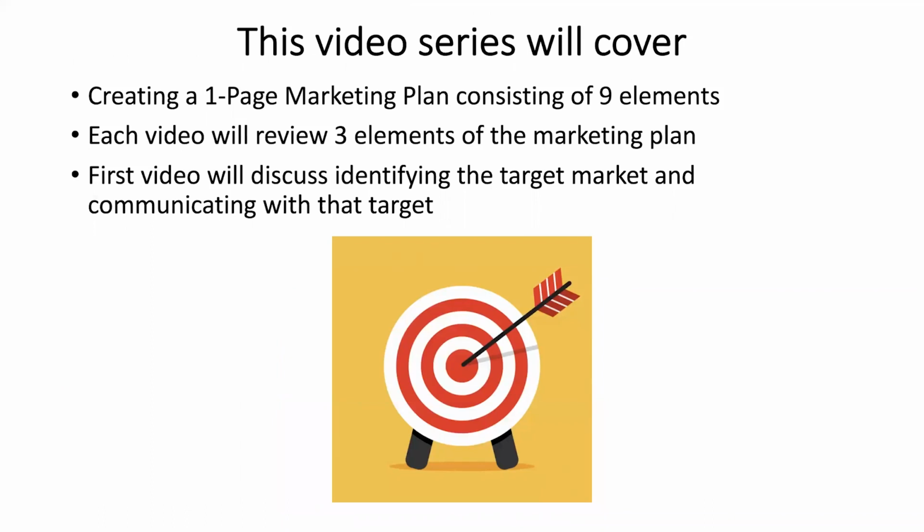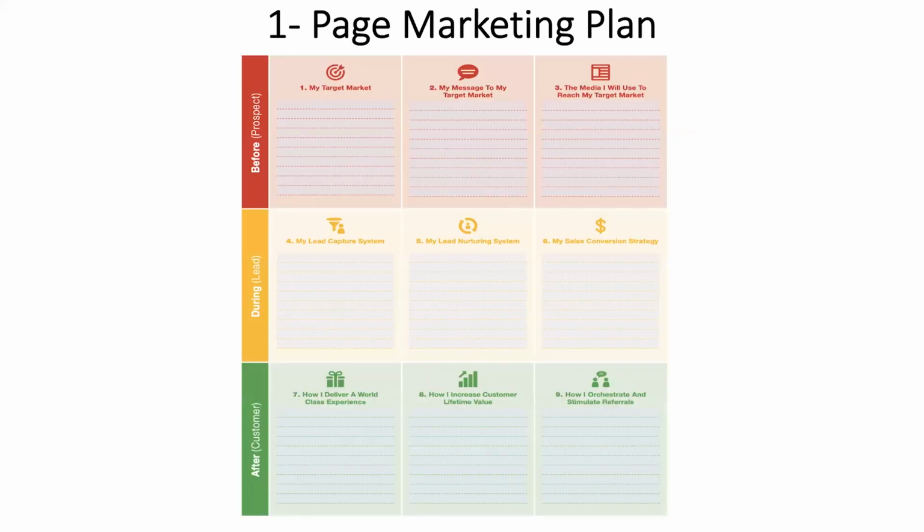This video will cover the one-page marketing plan, which consists of 9 elements. Each video will review 3 elements of the marketing plan. This first video will talk about identifying the target market. This is the one-page marketing plan.